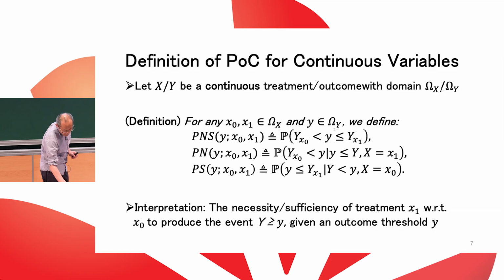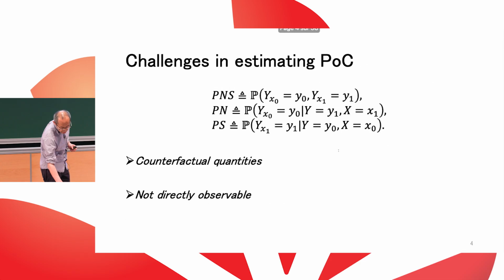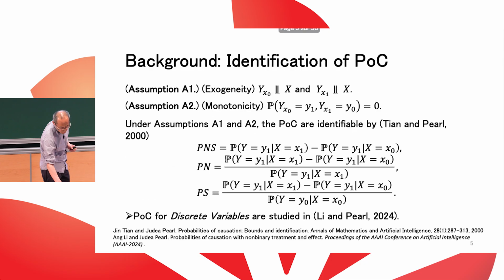Essentially, it can be shown that under this interpretation, the new definition can be reduced to the initial definition for binary variable y. This is very similar to the original definition, y equal to y1 or y equal to y0.